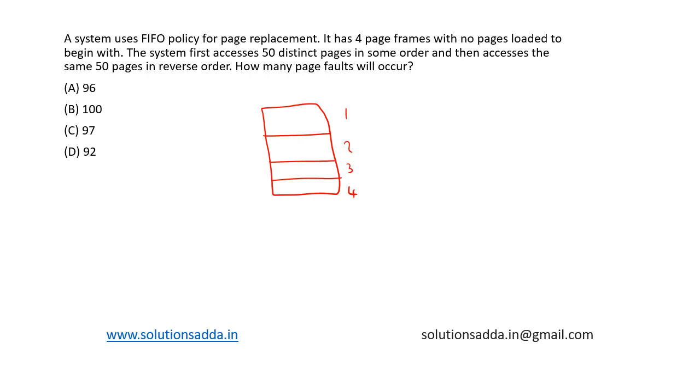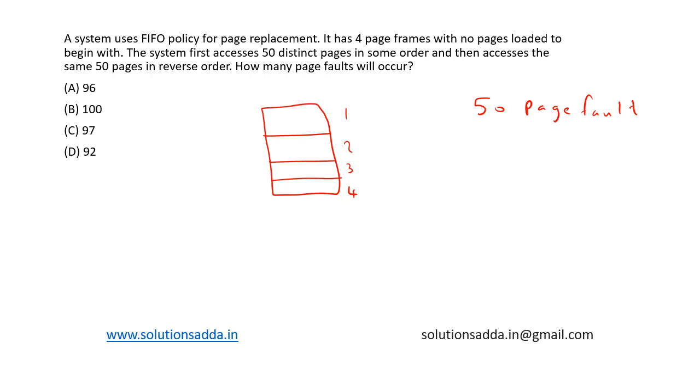So access to the first 50 pages will cause 50 page faults. This is because no page frames are loaded and access to each page is distinct. Now we are accessing it in the reverse order. Since we are accessing it in the reverse order, the last 4 pages which are referred are already there in the page frames.